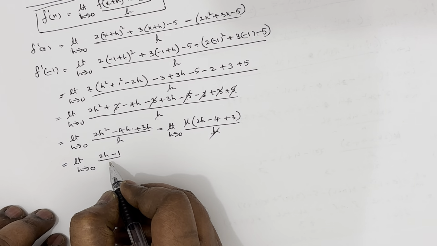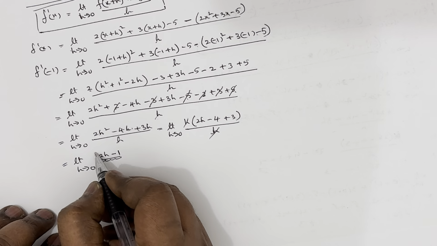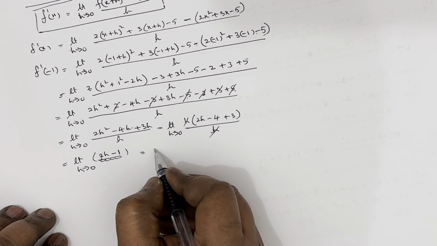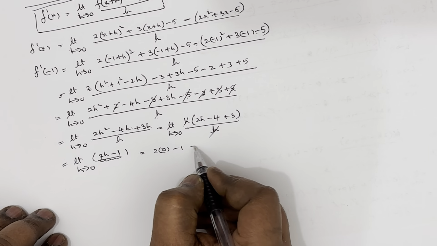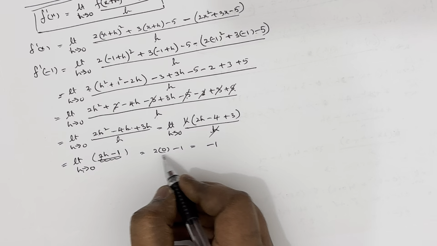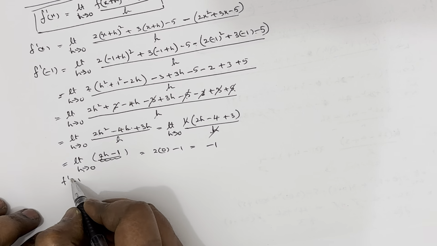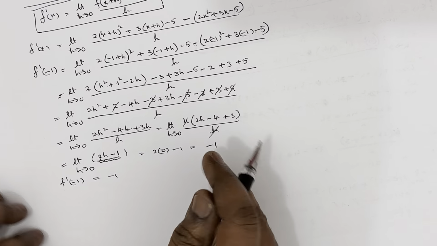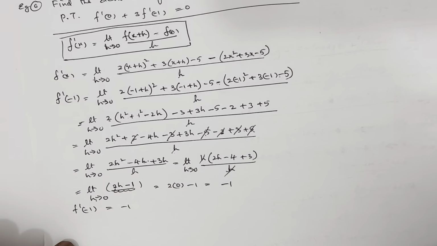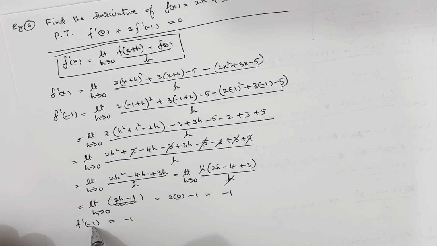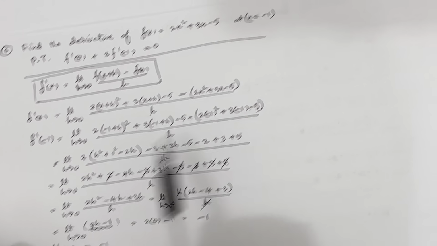Okay, now putting the value of h in the expression, you have 2 times 0 minus 1, which is equal to minus 1. Okay, 0 minus 1 is minus 1. Now this is f dash of minus 1, that is minus 1. That is the derivative of the function at x is equal to minus 1.